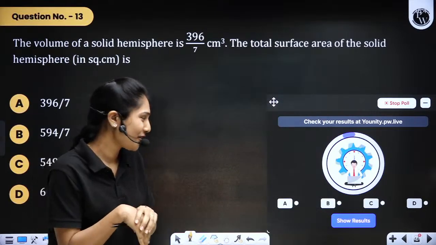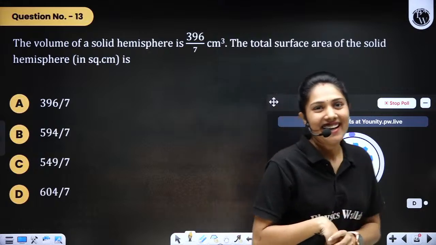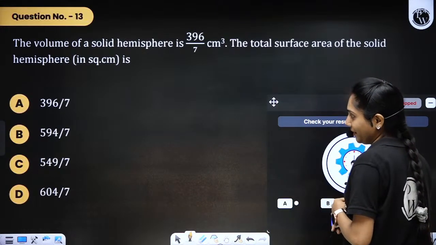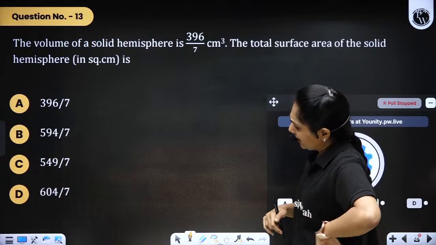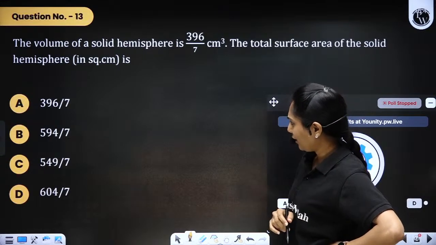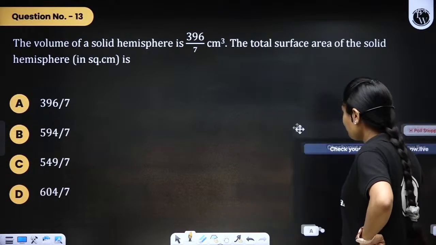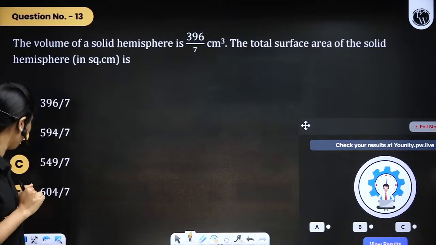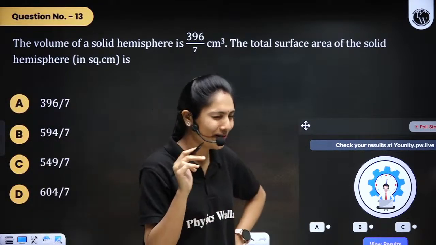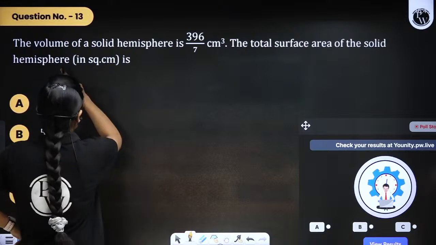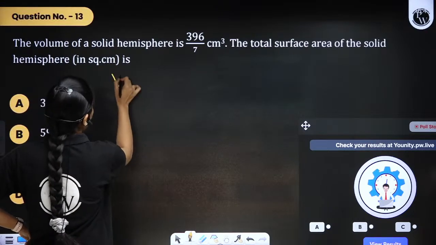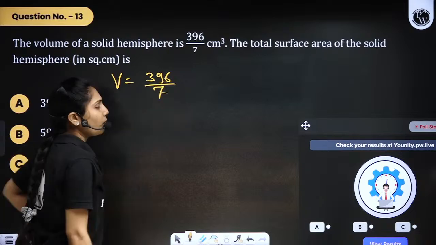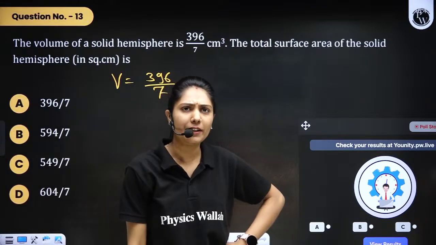I can see confusion in this question. And the correct answer is option number... okay, I think I need to calculate once. Let's check first. Okay, it is somewhere between B and C. So we'll calculate it first. It says the volume of the solid hemisphere is 296 by 7. Now what's the formula to find the volume of a hemisphere, beta?